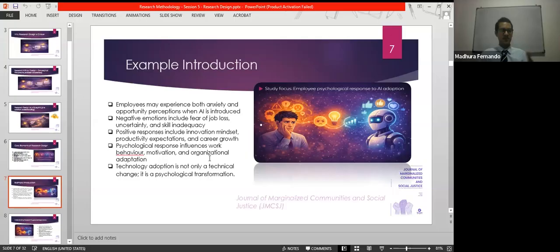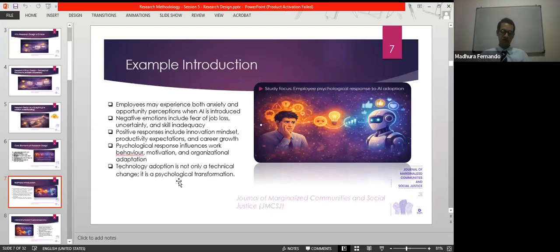Say the employee has a negative mindset, then the work behavior changes, his motivation gets lower, and organizational adaptation also depends on the employee's mindset. If the employees are positive, then nothing is wrong; motivation increases.